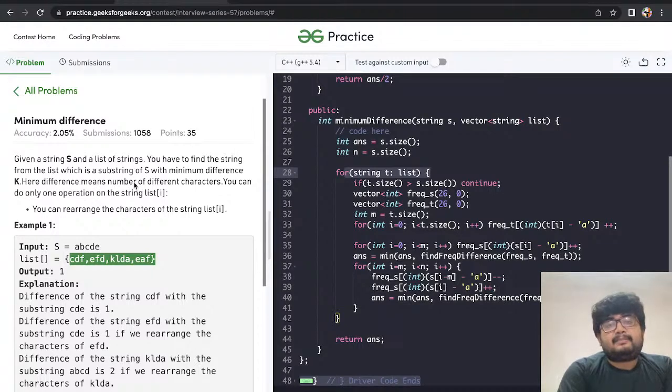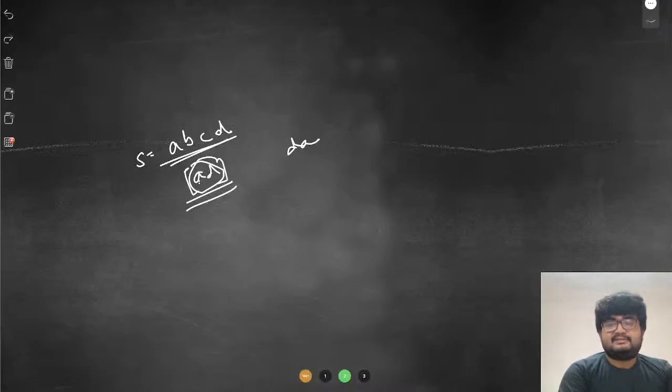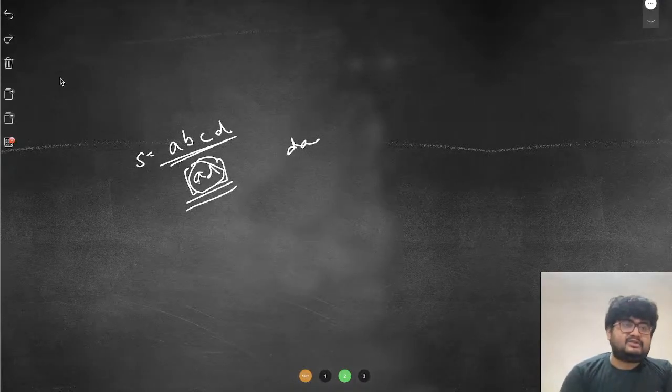Here difference means number of different characters. Okay. I think, okay, that might be the case. My bad. I think the question is not clear. They should have made this clear.